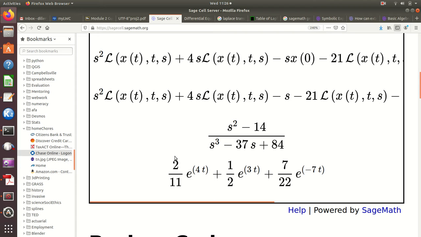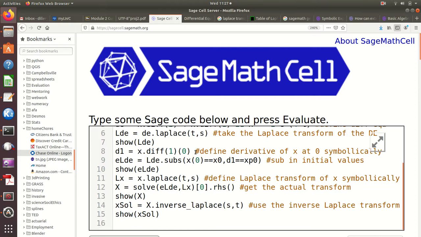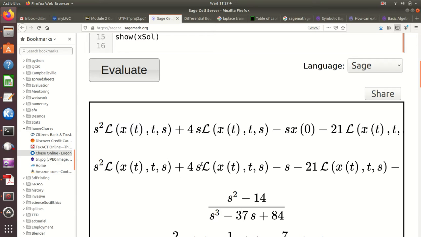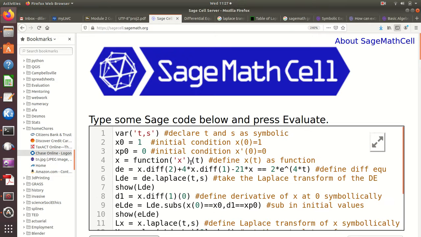I still needed to know all those steps, but I got Sage to do the actual calculations and the substitutions, so that I was a whole lot less likely to make a calculation error. I mean, I still could in some way, but there are my steps for using that, and I will toss this script up on Blackboard. So there is Sage for our second example, and it's pretty nice.